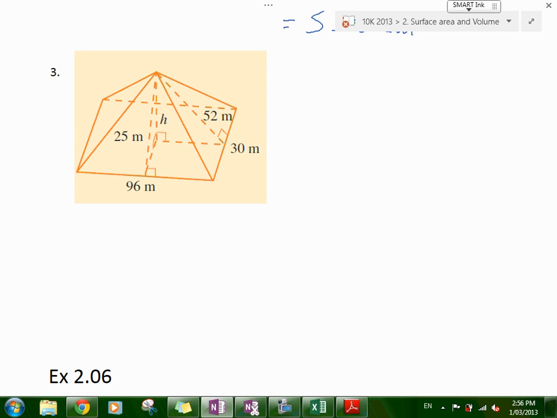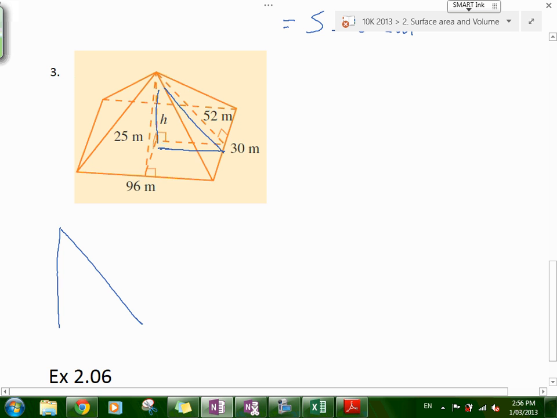If I pull out this triangle, you see this one here, I'm going to redraw it. So we have a right angle triangle. This dimension is h. The slant height is 52.